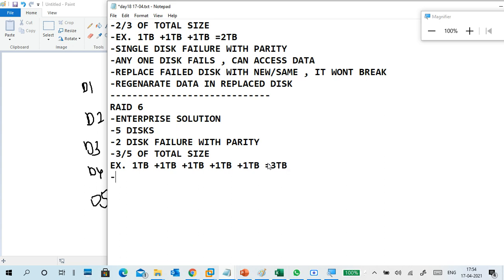Same as with the parity, with any disk failure we can access data. Next, if you replace, all are the same as RAID 5 only. This is the difference.